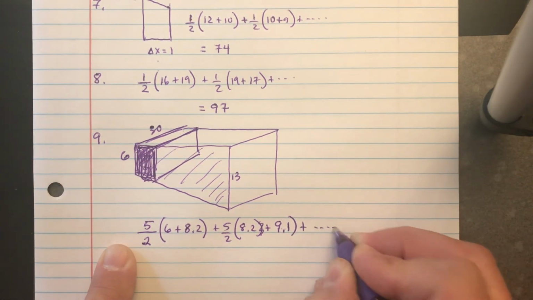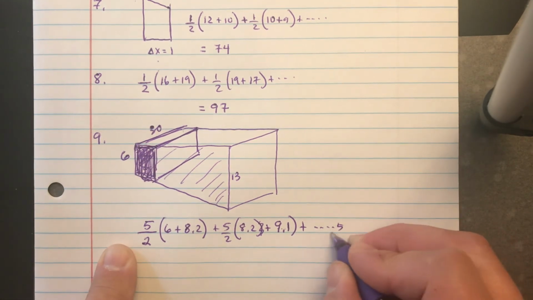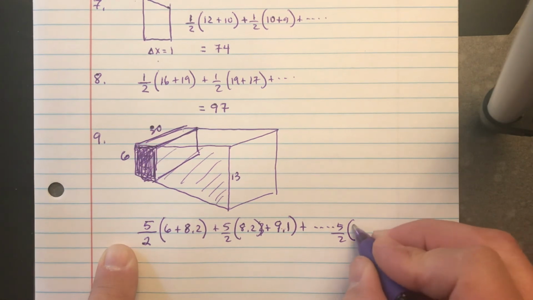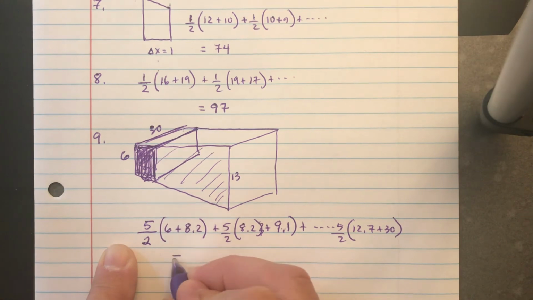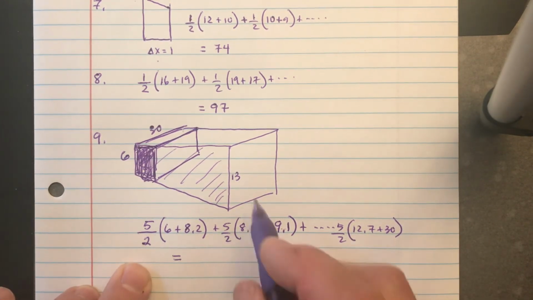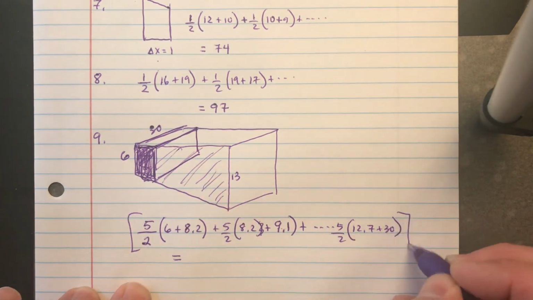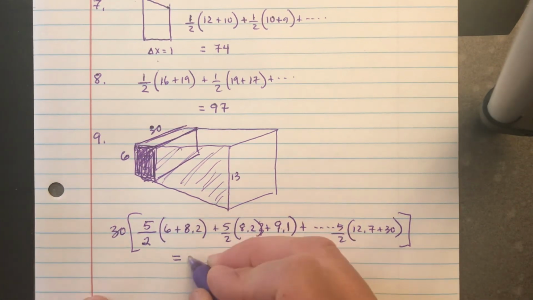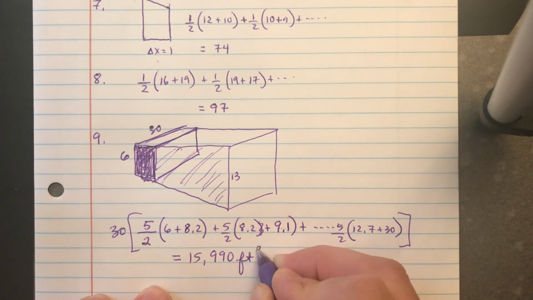And then so we get to the very end, so that would be 5 halves, and the last one would be 12.7 plus 13. And then if you add all of those together, again, this is going to be the area of the side of the pool, but then we have to multiply that by 30 feet. And then that will give us 15,990 cubic feet.